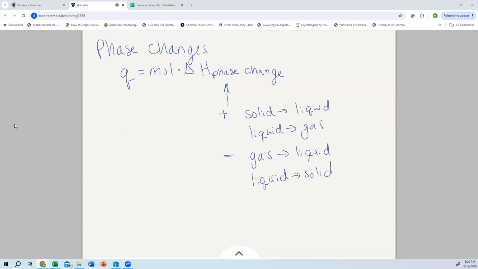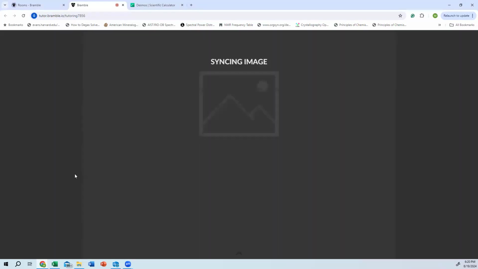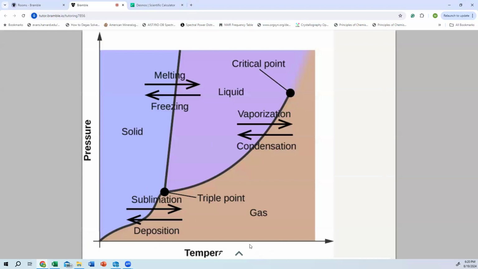We have different phase diagrams that we look at that show what's going on at different temperatures and pressures.